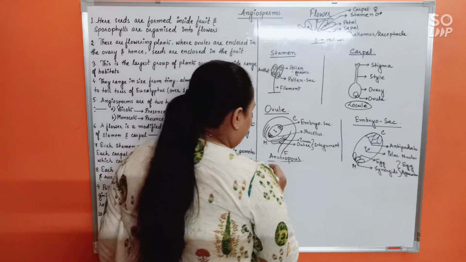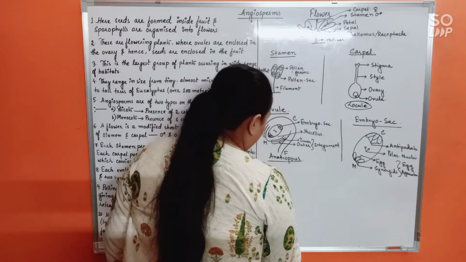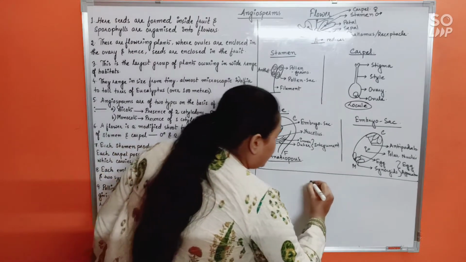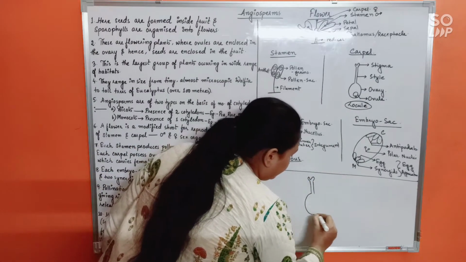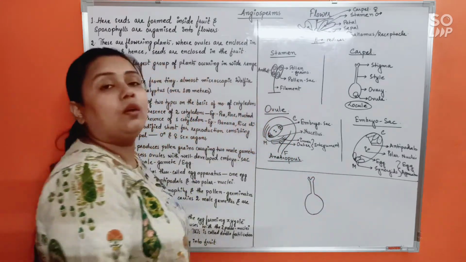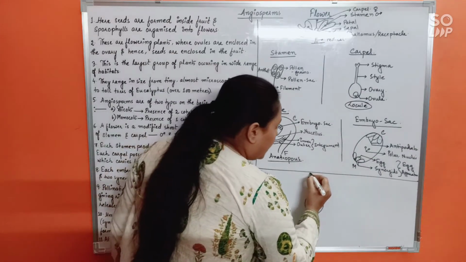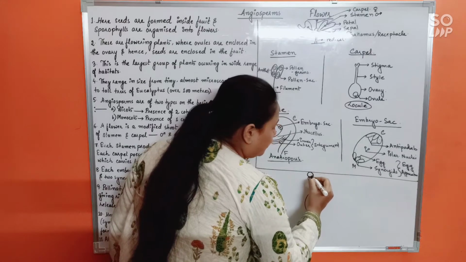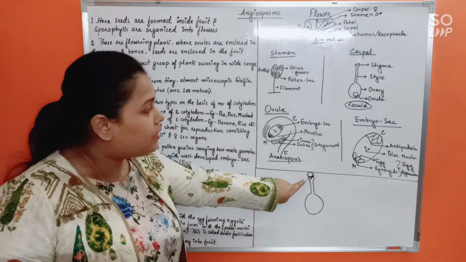Alright. So see this. Suppose this is the carpel of the angiosperm. Alright. Here a pollen grain comes and attaches at the stigma.